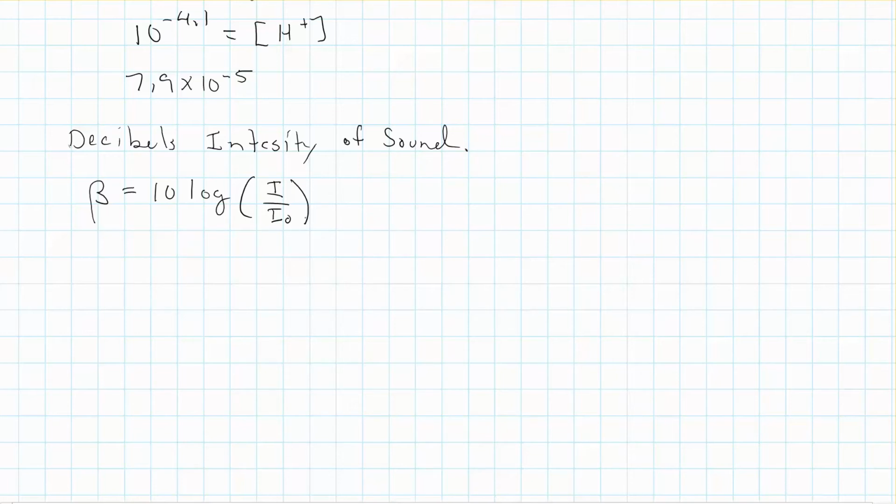And I0 is a constant. It's equal to 10 to the negative 12, which is roughly the faintest sound you can hear.